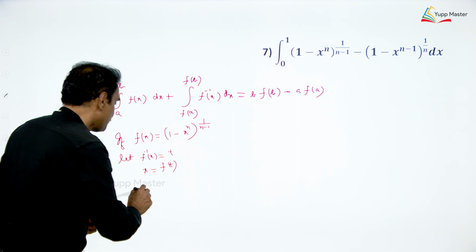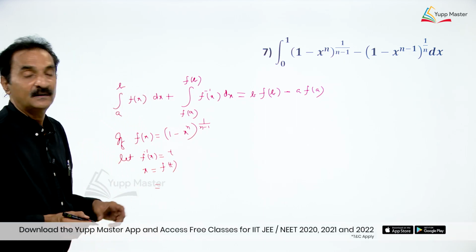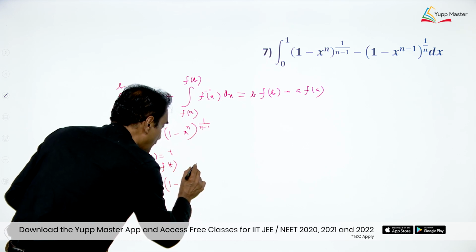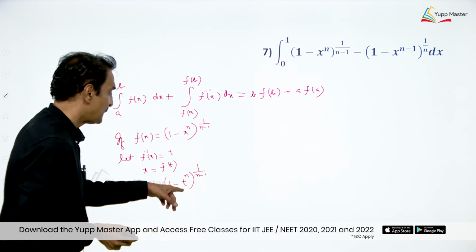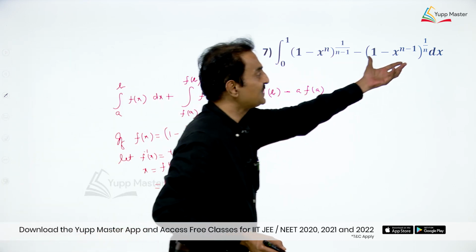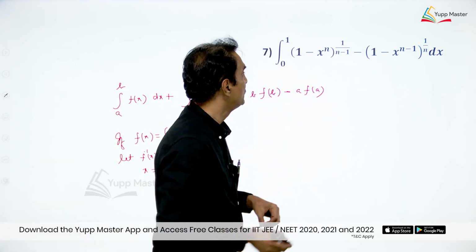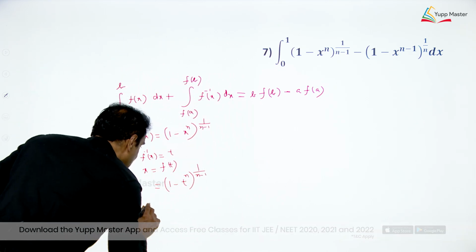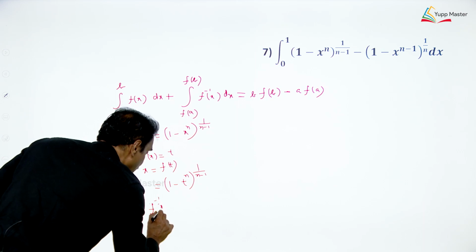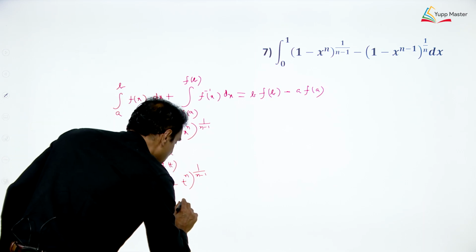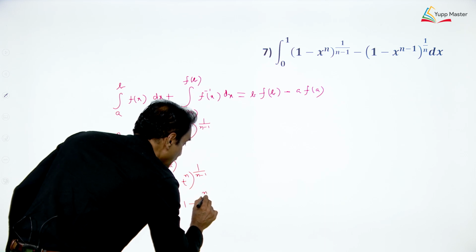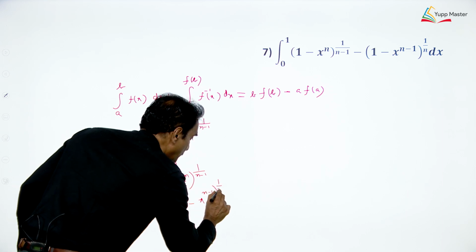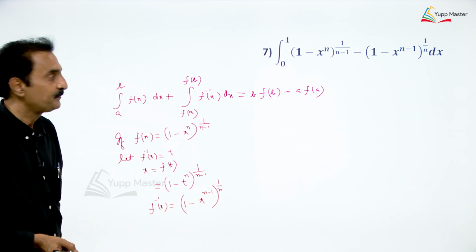What is f of t? F of t is 1 minus t power n whole power 1 by n minus 1. From this you calculate t, you are going to get this. Okay. Now, f inverse x is 1 minus x power n minus 1 power 1 by n.